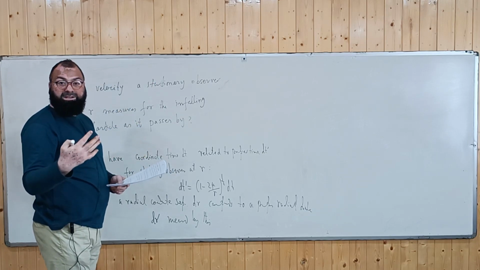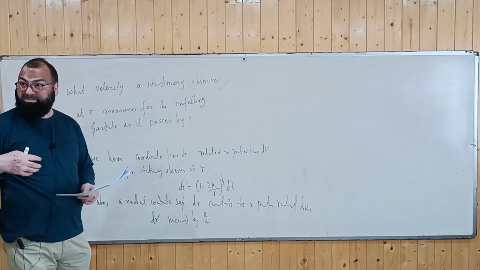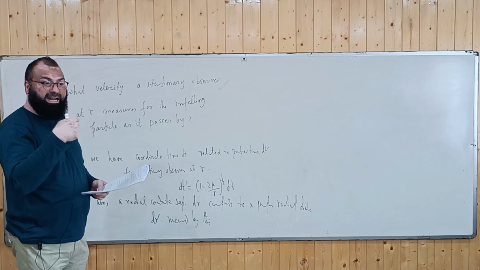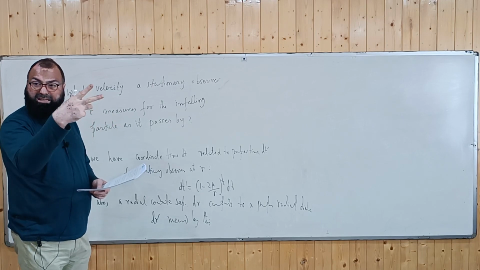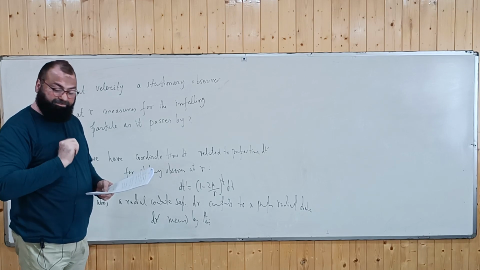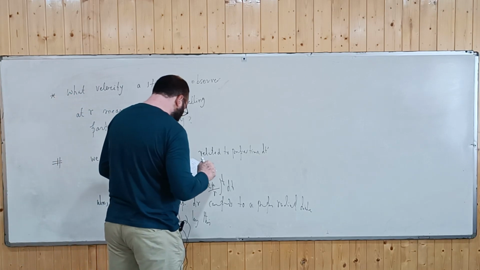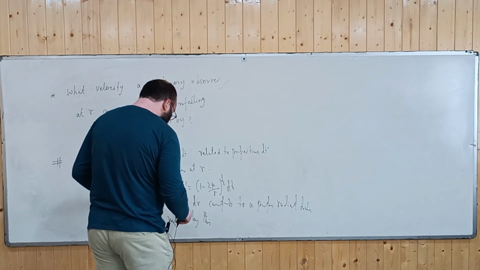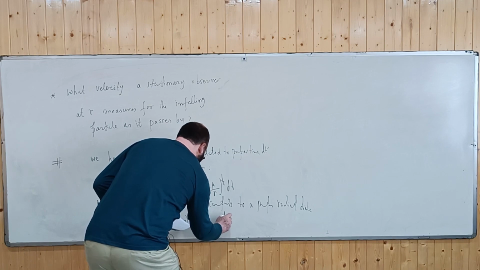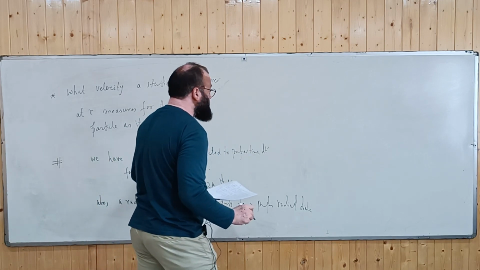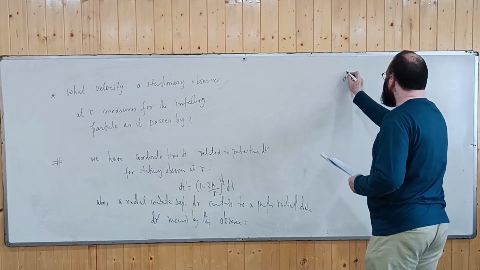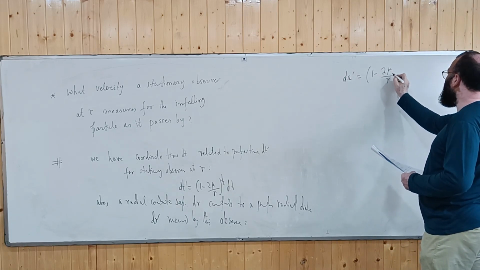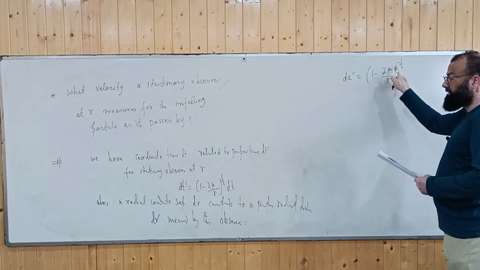What do I have to do? I need to calculate my proper time and my proper distance at that point, and then I will calculate the velocity. Understood? So how much is that?